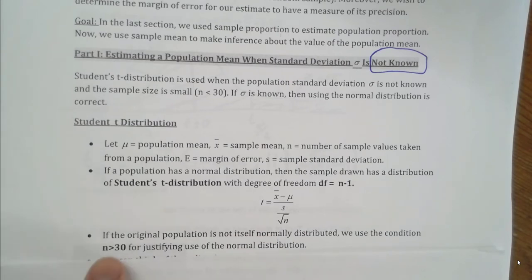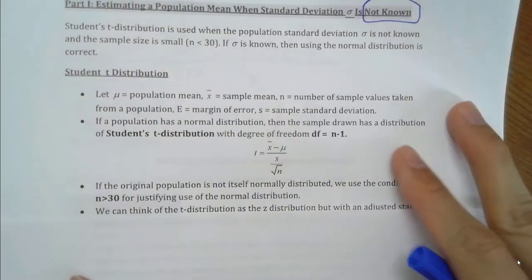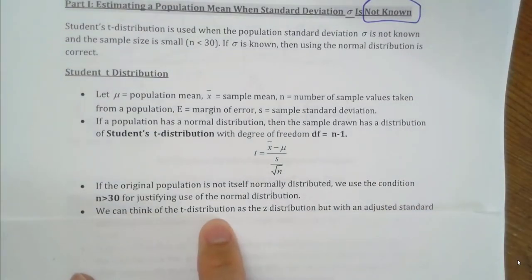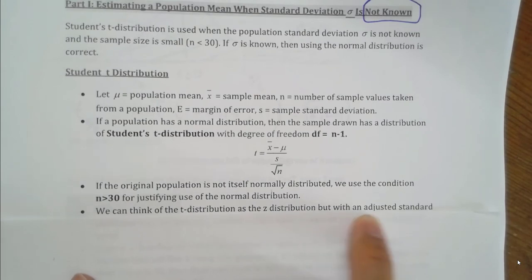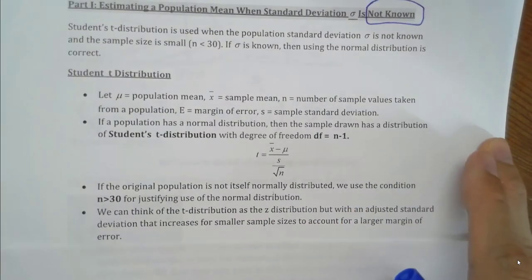If n is bigger than 30, then it's okay to have the original population that is not normally distributed. So we can think of the T distribution as the Z distribution but with an adjusted standard deviation that increases for smaller sample sizes to account for a larger margin of error.